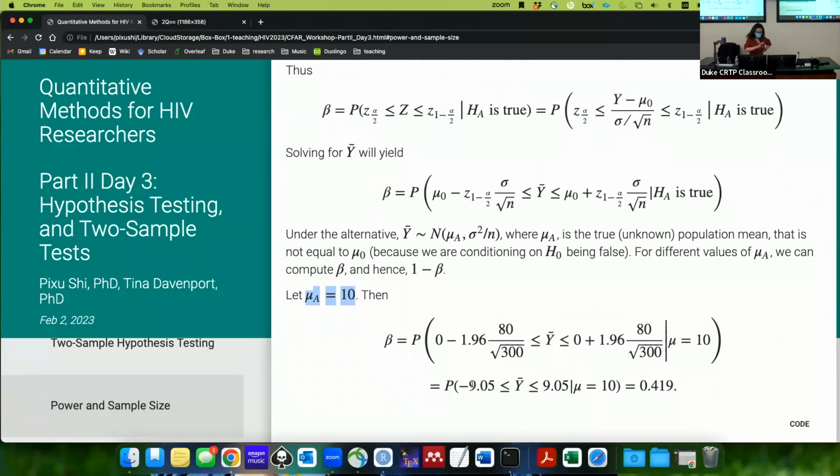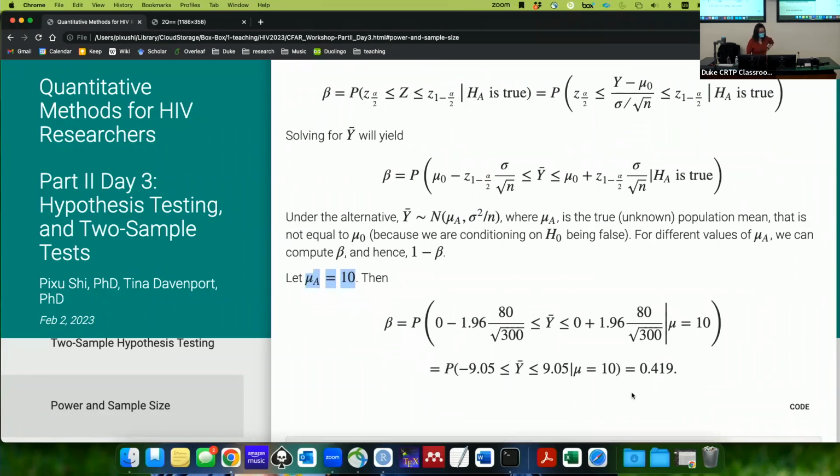I should probably rewrite it for you guys before the lecture, but this probability has the sample size in here, the effect size that's reflected in the mean under the alternative here, and it also has the type 1 error control in 1.96, because if you have 0.05 for alpha, you have 1.96 here. And you also have the variance of the population here.